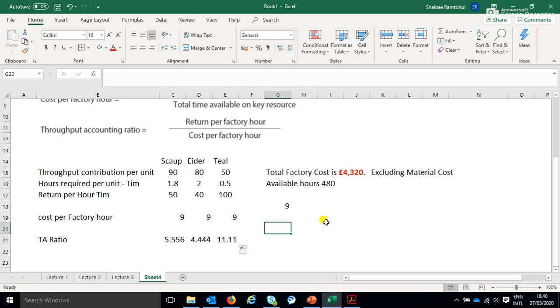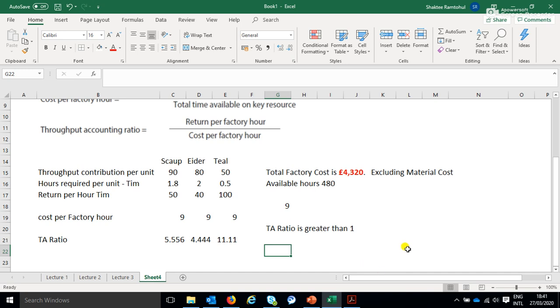So my point is this. You would always consider manufacturing the product as long as the throughput accounting ratio is greater than 1, because that would mean you're making a return per hour which exceeds whatever costs you're incurring per hour.